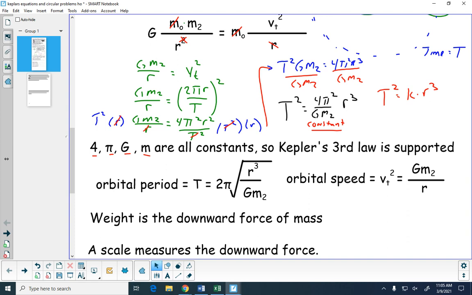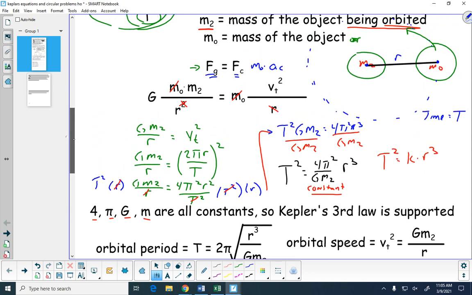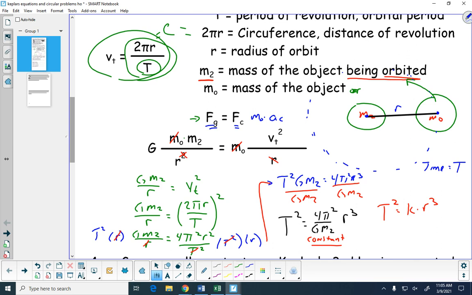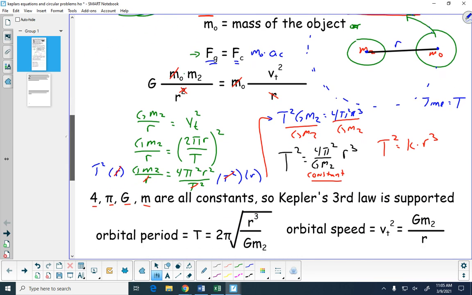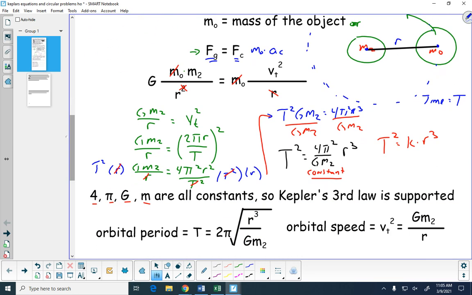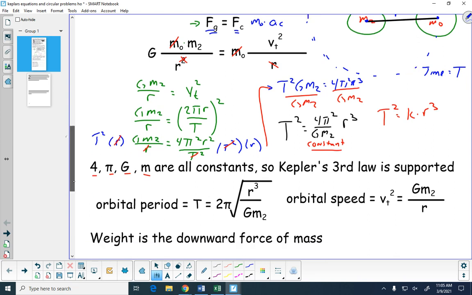When we have something equal to a constant times something else, these are directly proportional. So it supports Kepler's idea from up above that the period squared is proportional to the average radius cubed.